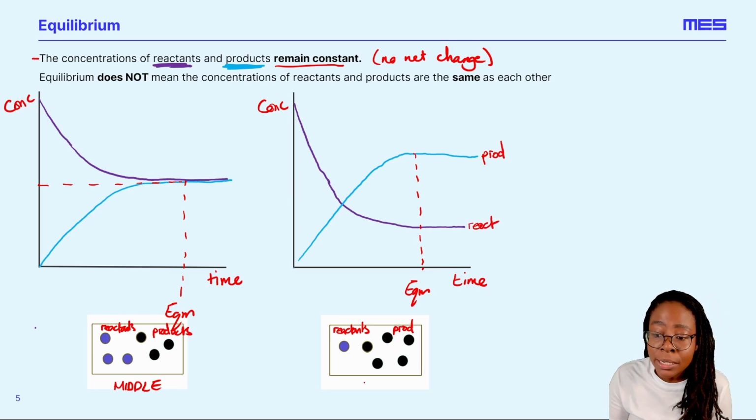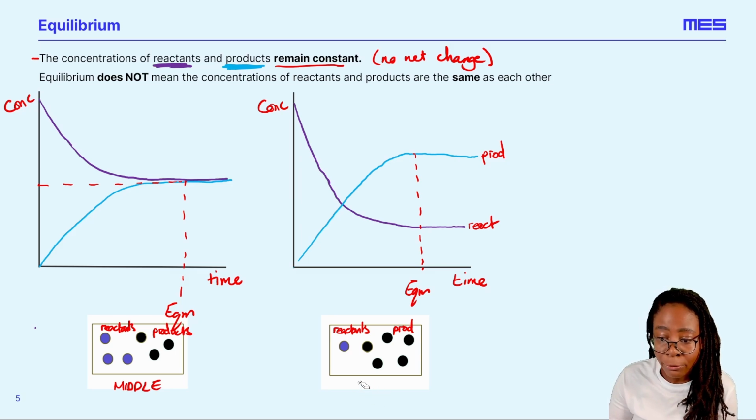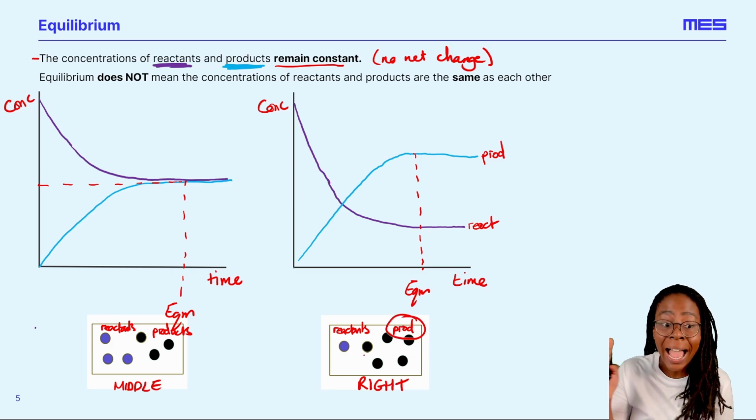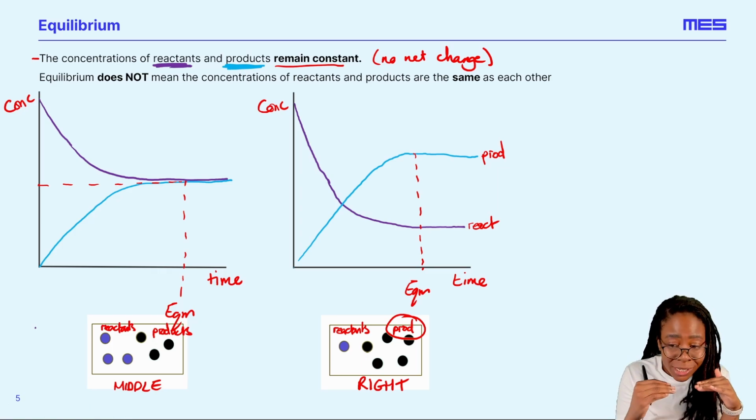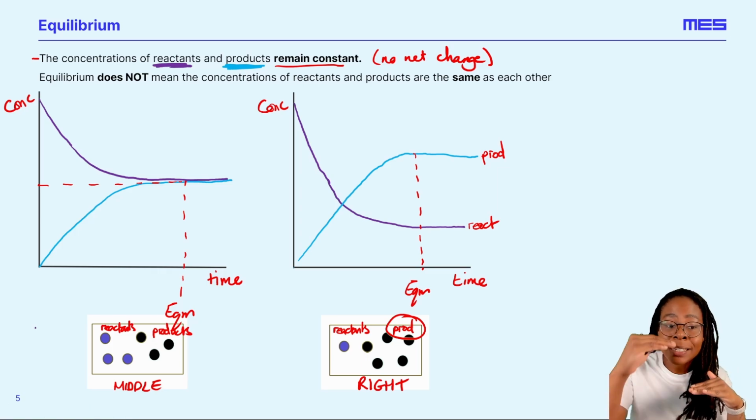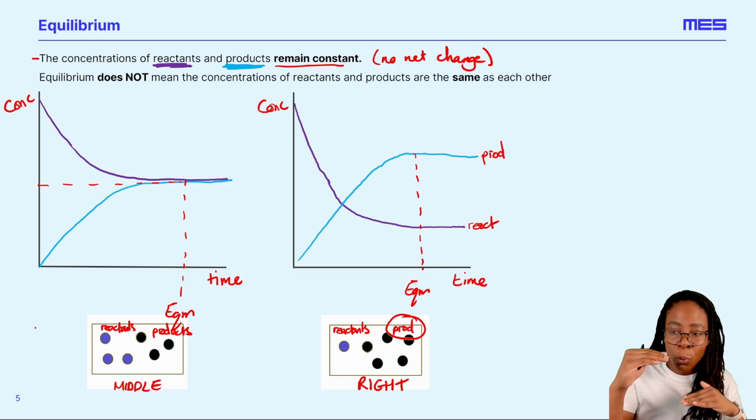And so in this example, we can say that the equilibrium lies over, do I know my left from right? Lies over to the right-hand side, or over to the products at equilibrium. Again, the concentrations remain constant, but there still might be an imbalance of which one there's more of at equilibrium.